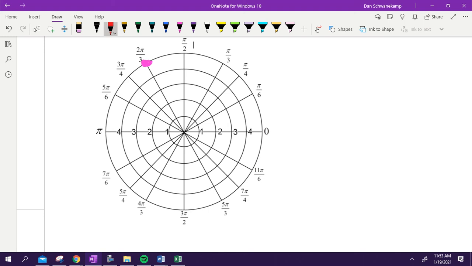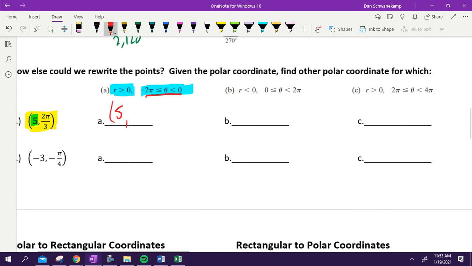So I would really want it to be this guy. If I had this dot starting and I had a negative angle, that's going to flip me over the x-axis and put me right there. So the point that I want is 5, comma, negative 4 pi over 3. That's what I'm looking for there. The radius is positive, the angle is negative, but they're describing the same point.